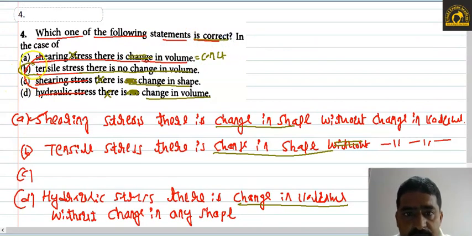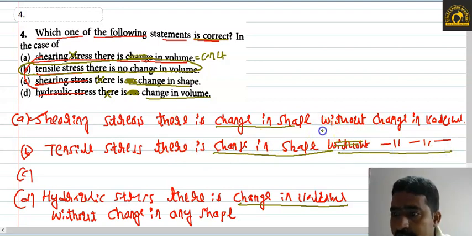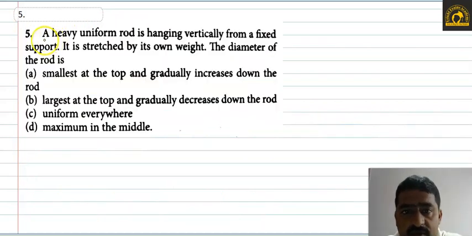Tensile stress means without change in volume, only change in shape. So option B is the right answer for the fourth question.